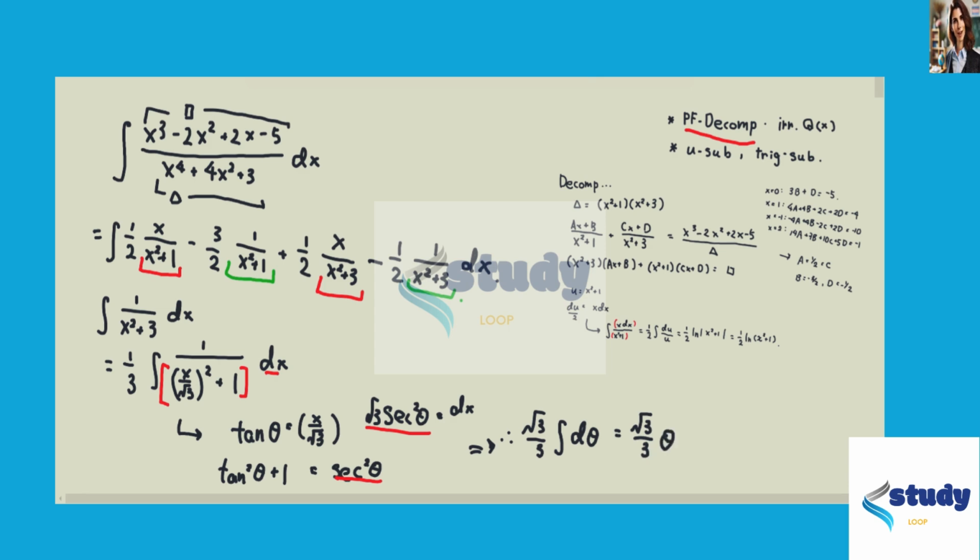So my last step is, well, what's theta in terms of x? We already have this expression. From here, we can deduce that tangent of an angle is x divided by root 3. So that angle must be arctangent of x over root 3. So root 3 over 3, I don't have space, I'm just going to say tangent inverse of x over root 3, not theta.